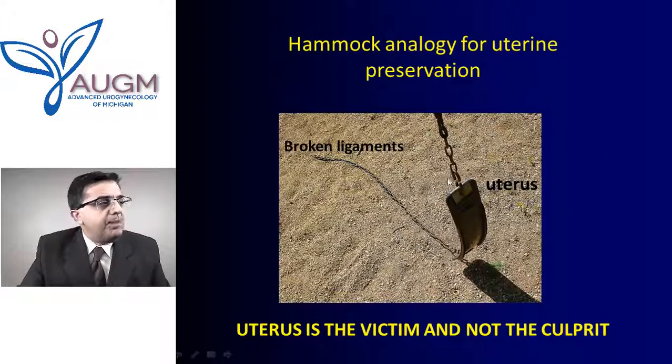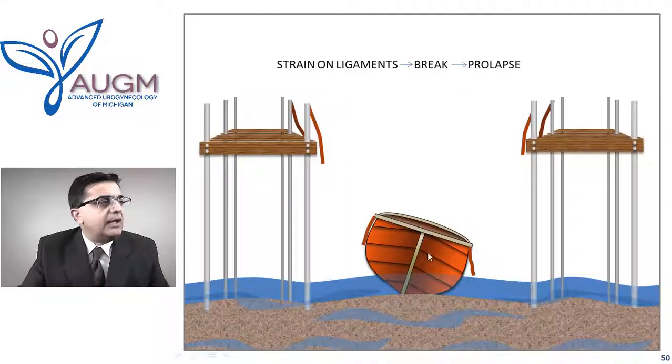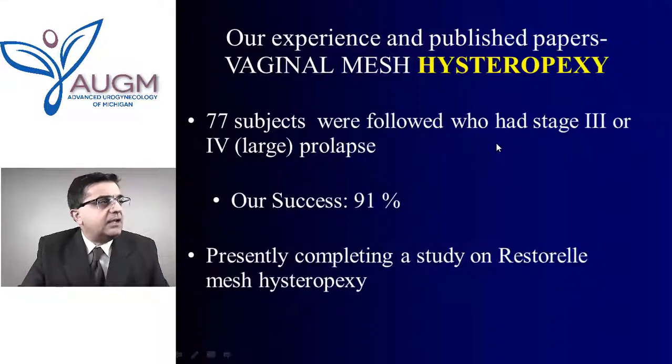So what does a mesh do? When this uterus is falling down because the ligaments have broken, the uterus is not the fault. So what you do is you recreate those ligaments. And how do you do that? By attaching those mesh arms to the uterus and then back to the sidewalls. Let me show you another pelvis. As you can see here, this is the uterus.